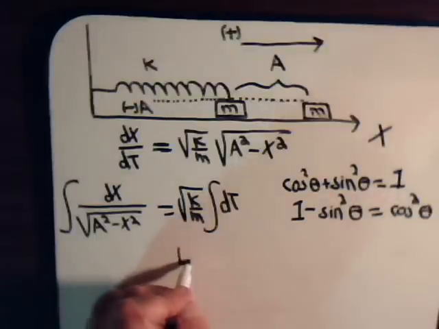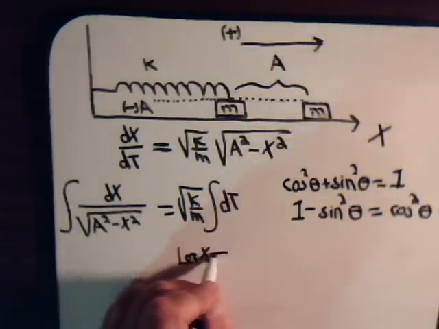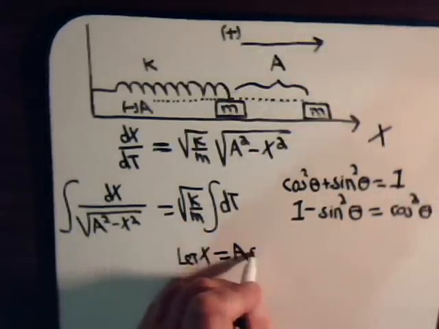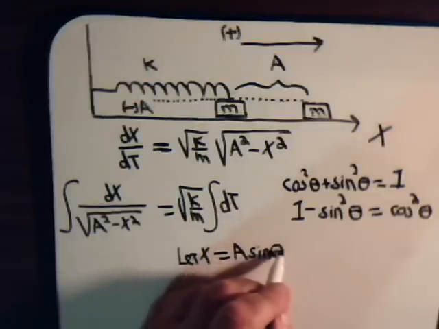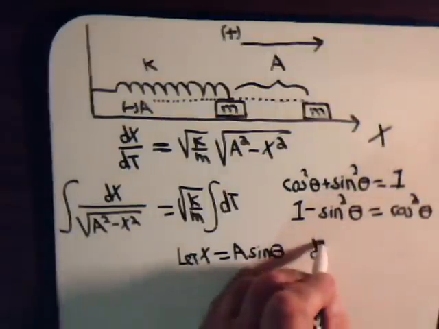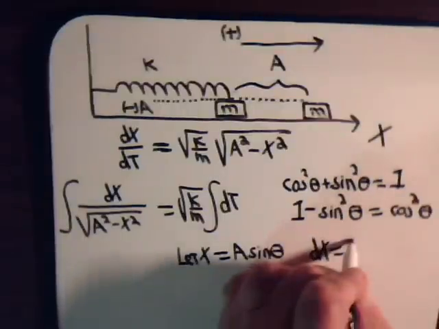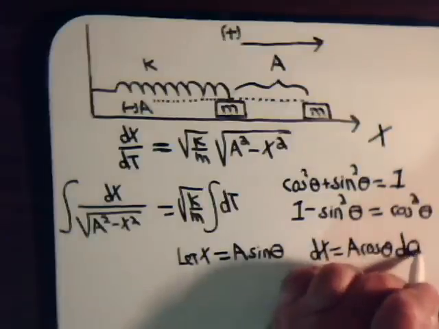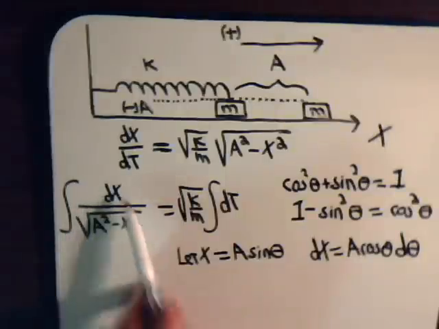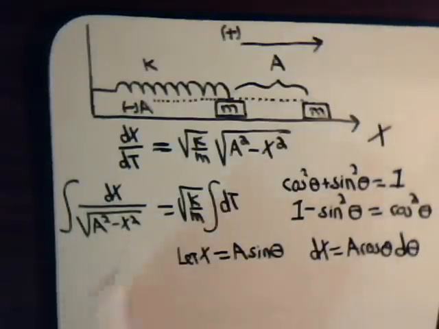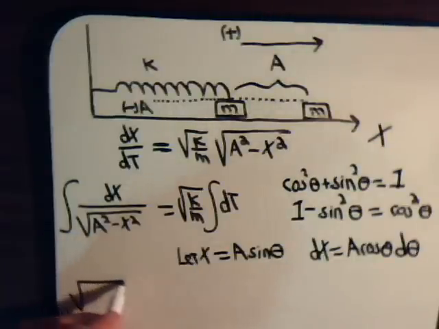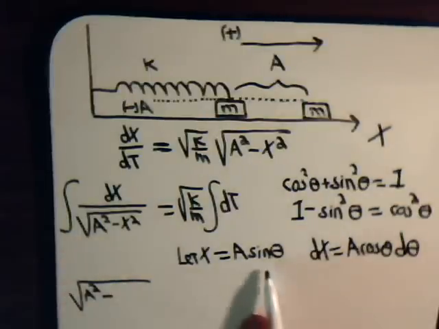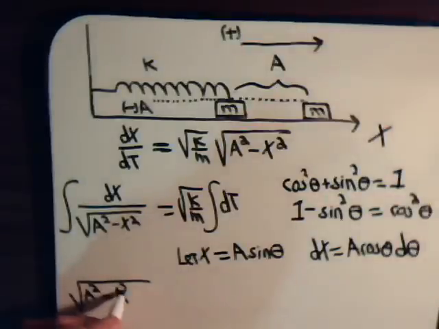So let's try it, saying let x equal a times the sine of theta. So dx will just be a times the cosine of theta d theta. Now down here for the square root of a squared minus x squared, x is this, so you have a squared sine squared of theta.